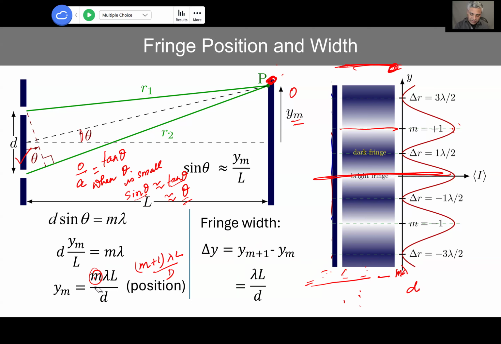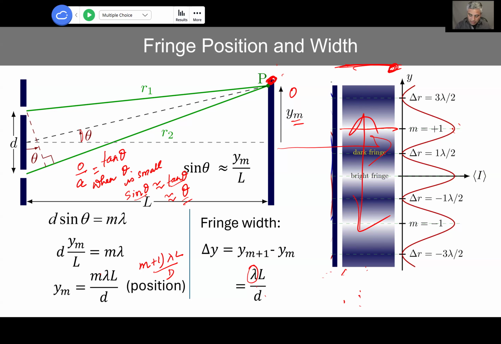So what does fringe width depend on? How far the screen is. The farther the screen is, the farther these are going to appear, okay? And the longer the wavelength, the farther they're going to appear. So in this case, what happens?